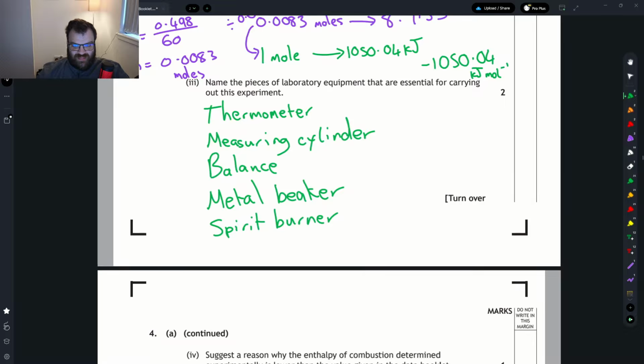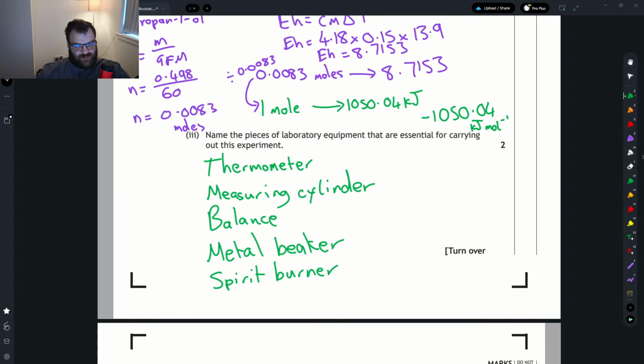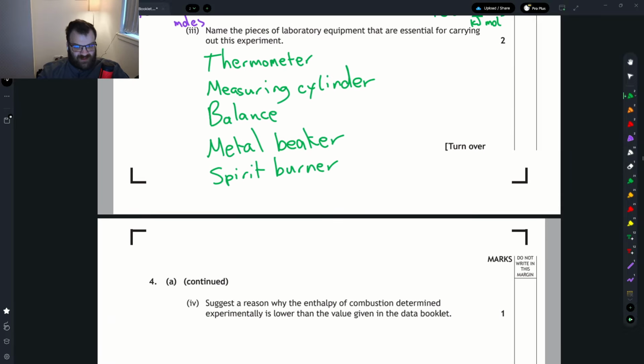What else? Things that are good but not needed might be something like a heat shield, where it stops heat escaping to the surroundings. But is that essential? Maybe not. I'm taking it that we're talking about this particular experiment, because if you're burning something else, you wouldn't need a spirit burner. But to burn an alcohol, you need something that will burn it.